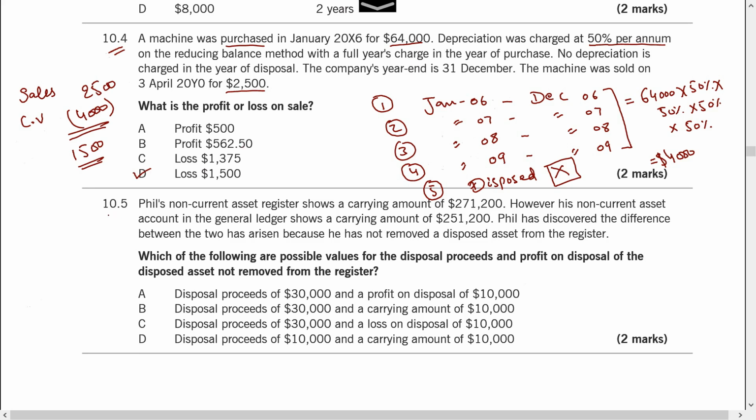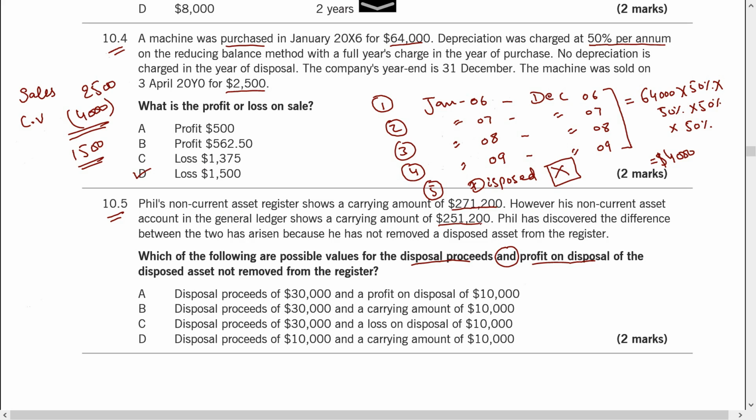Now next we have question number 5. Which of the following are possible values for the disposal proceed and profit on disposal of the disposed asset not removed from the register? Phil's non-current asset register shows a carrying amount of this amount. However, his non-current assets account in journal ledger shows a carrying amount of this amount.